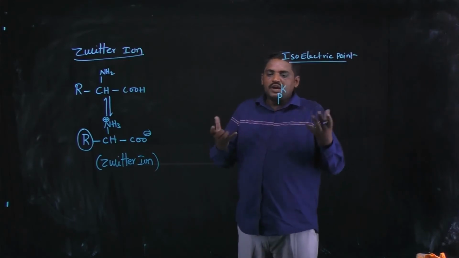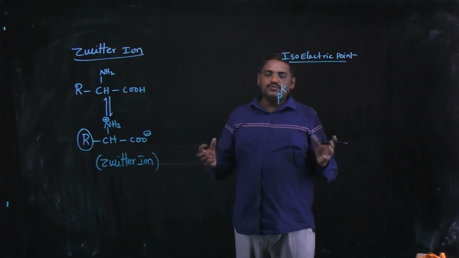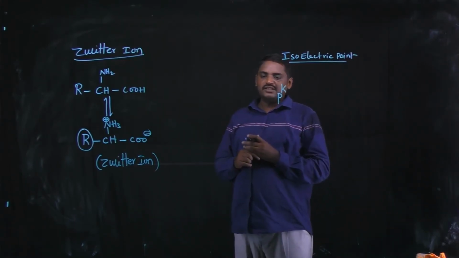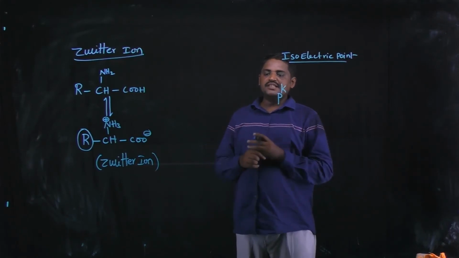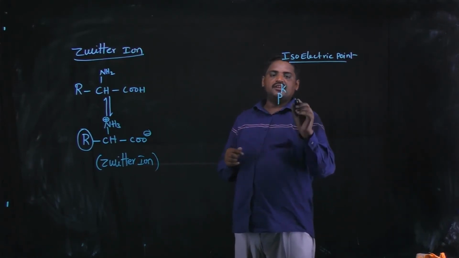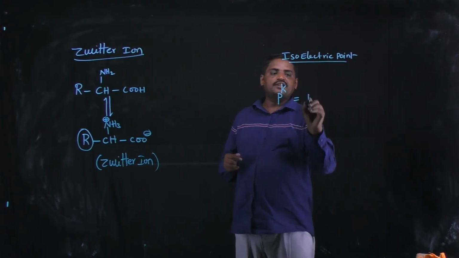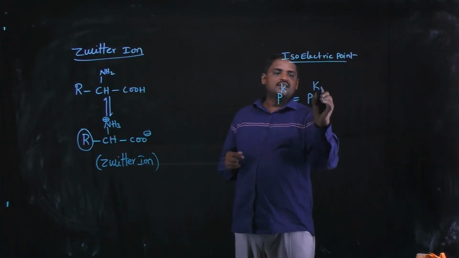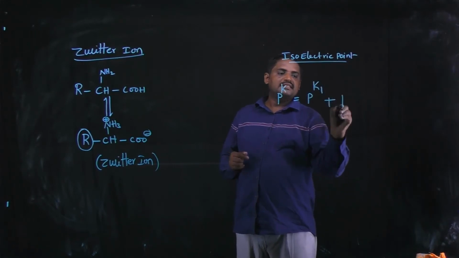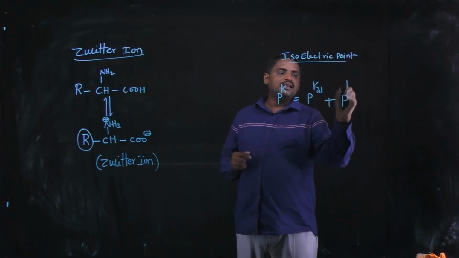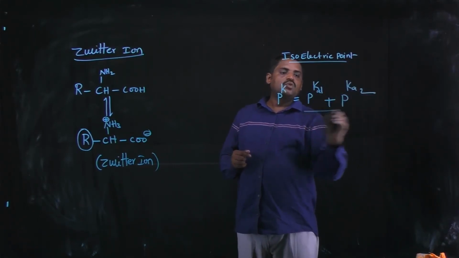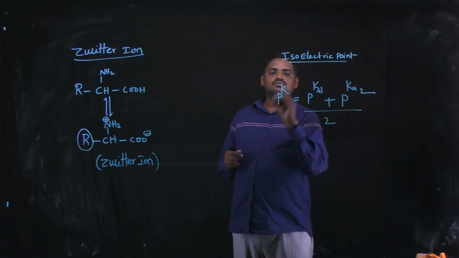For a collection of different amino acids, for example, when two amino acids are mixed with one another, the isoelectric point is expressed as pKa1 plus pKa2 whole divided by 2.